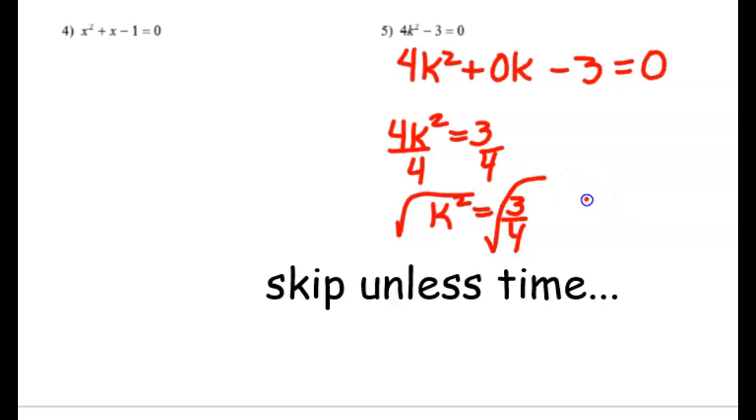What would you get, guys? Very important. What would you not forget? It is the square root of 3 over the square root of 4, which is just 2, but it would be plus or minus.